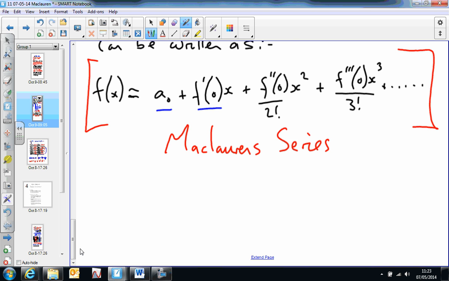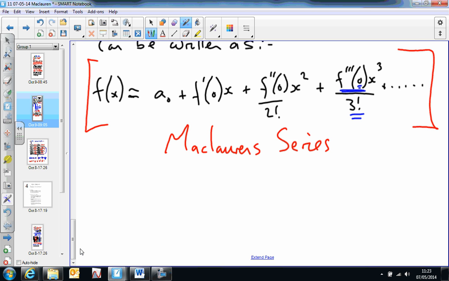The first differential, when x is 0, gives us a1. The second differential, when x is 0, divided by 2 factorial gives us a second constant, a2. The third constant, a3, is the third differential when x is 0 over 3 factorial, and so on.